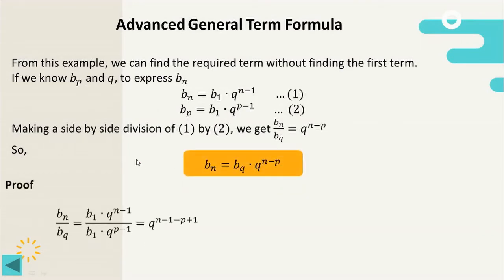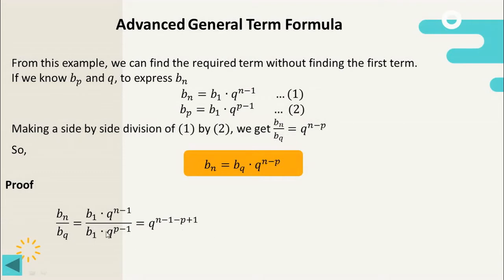Okay, we have Bn over Bp. So we can cancel the B1 over B1, right? So we just simplify the powers because they have the same variable. So this one is k to the power n minus 1, because the denominator moves to the numerator, the power changes sign.